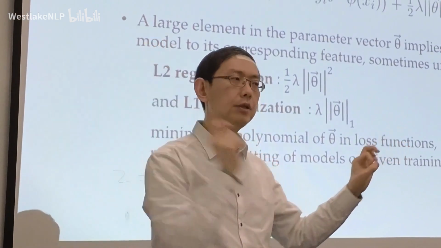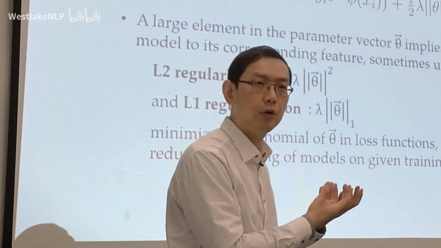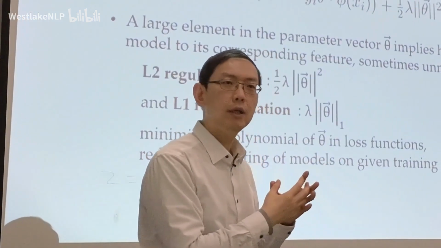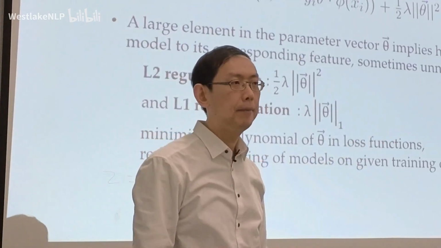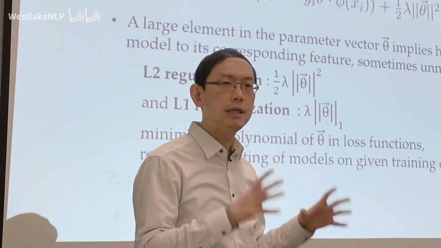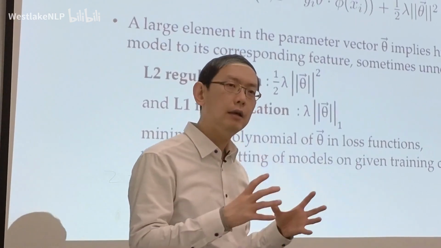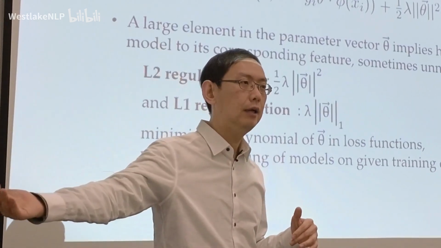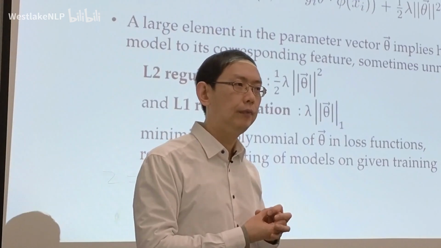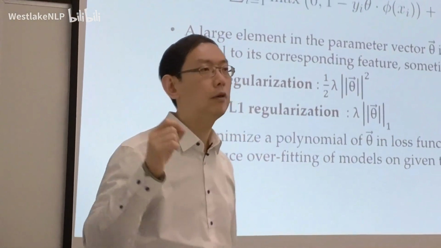Why? Because you never know whether that phi is something peculiar to your training set, which is always a subsample of your general data. We discussed generalization and fitting last week. Anything that fits your training data well doesn't necessarily generalize well. You have overfitting. So a huge element in theta will risk you overfitting the data.